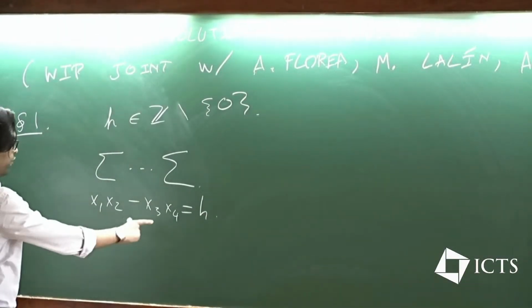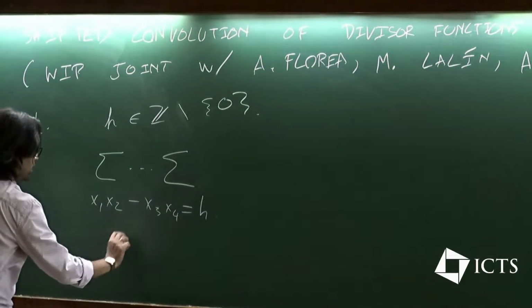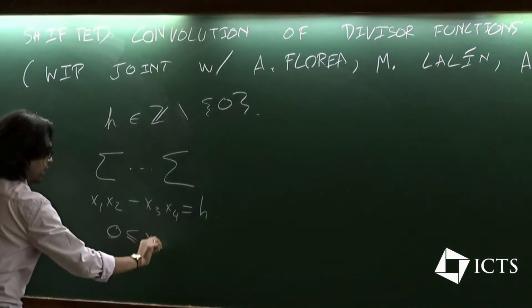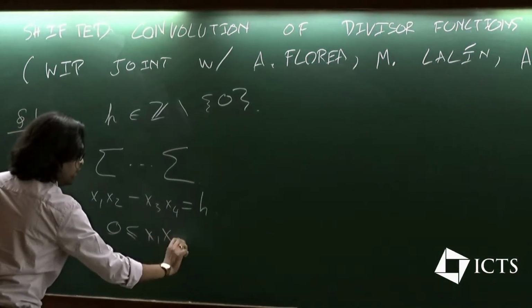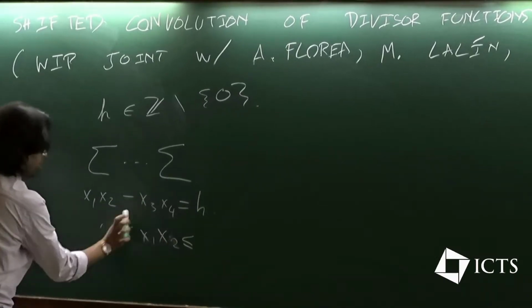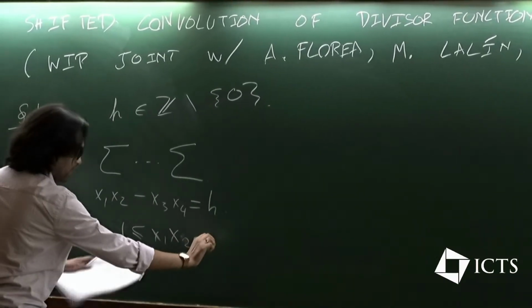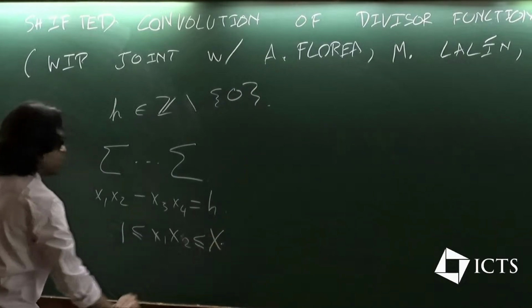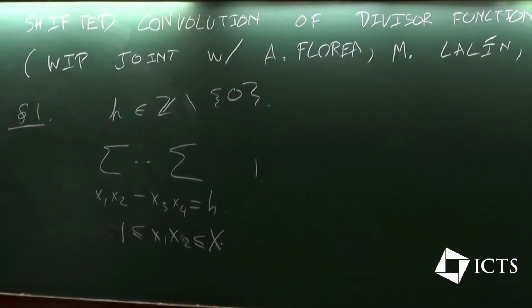But instead of a sup norm or anything like that, I have this weird constraint that x1, x2 is between 1 and capital X. Okay, so I'm just counting the number of solutions to this equation.